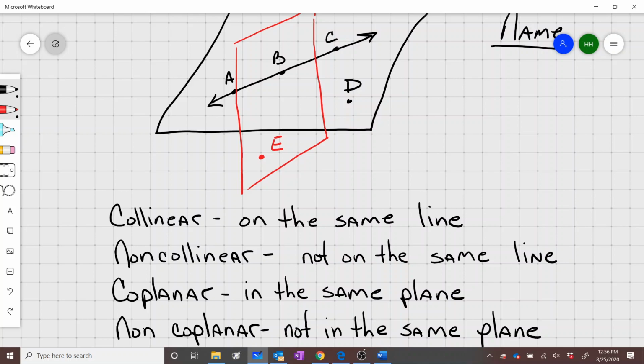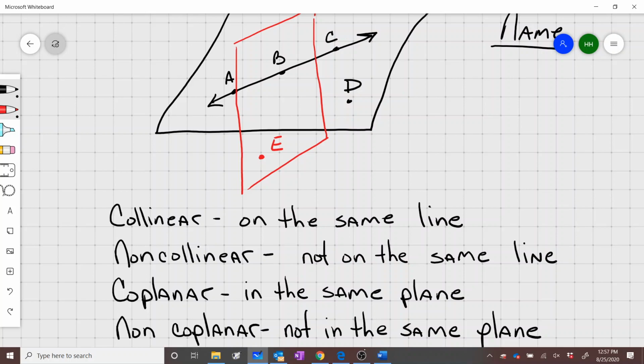If the top of my desk was the black plane and this piece of plexiglass was the red plane, well, point E would be up here or down here, somewhere on this piece of plexiglass, because it's in a different plane. And points A, B, C, and D would be sitting on the top of my desk. So E is in a different plane, isn't it? It's in this vertical plane that intersects the top of my desk.